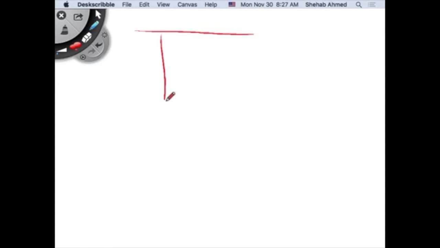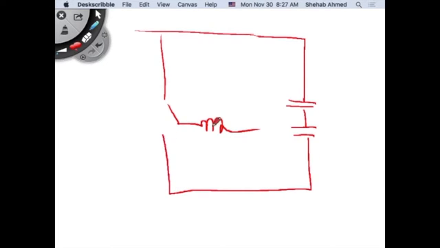So let's do it for the half bridge, for example. Actually, let's look at it this way. When the switch is up here, current is flowing in this direction. When the switch is down here, it's flowing in this direction.